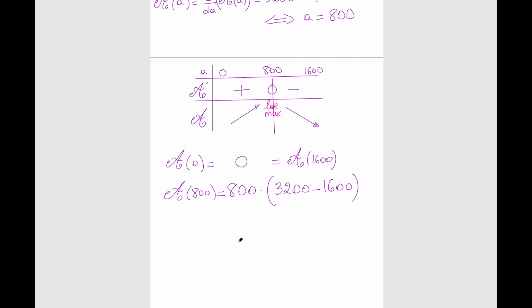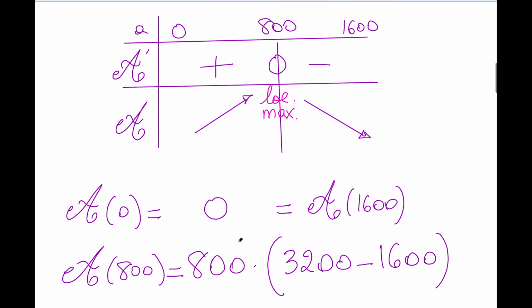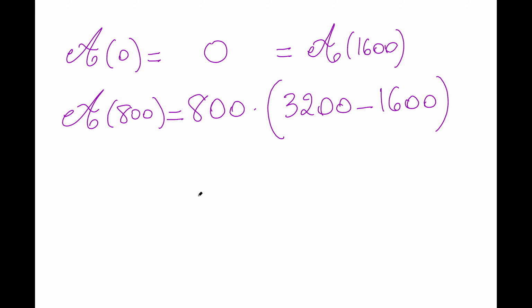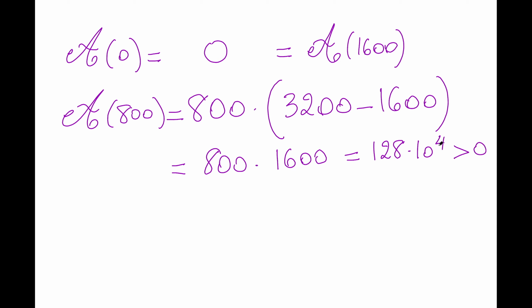And what's this value? This is equal to 800 times 1600, and this is equal to 128 times 10 to the power 4, right? To be honest, I don't care what this number is. I only care that this is bigger than 0, correct?